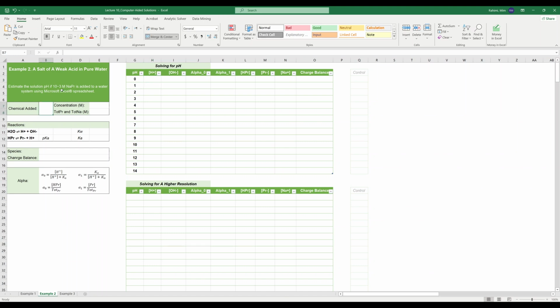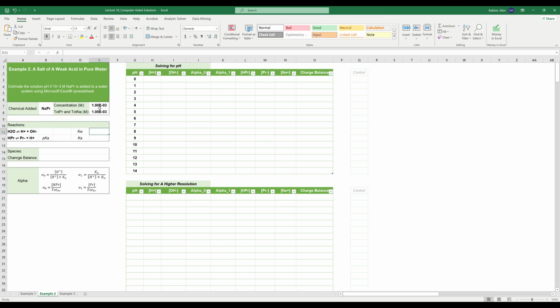So we're adding 10 to the minus 3 molar NaPr, basically the same concentration. We know 1 mole of NaPr contains 1 mole of PR and 1 mole of sodium. So the concentration of total PR and total sodium would be the same as the initial concentration of the molecule.